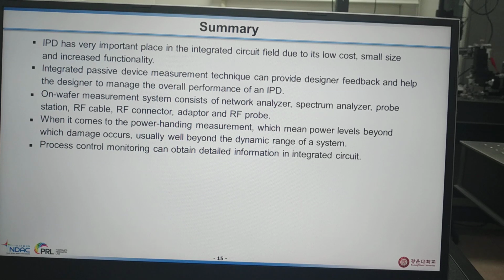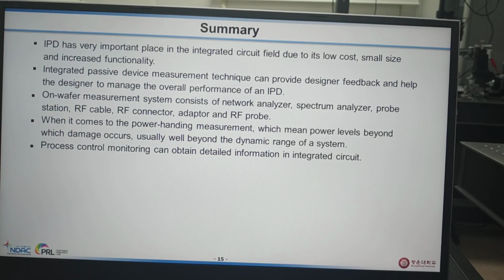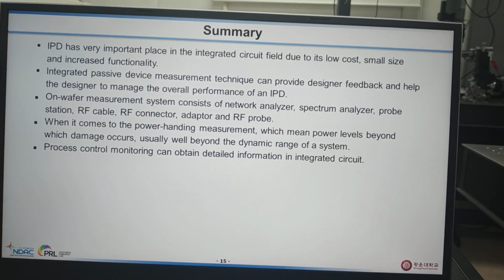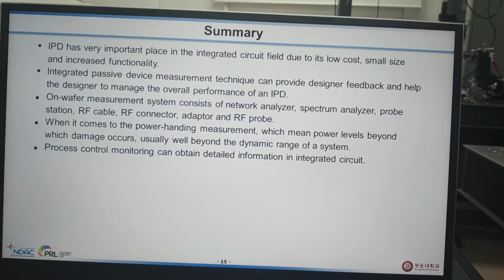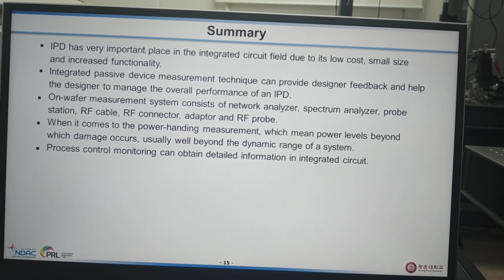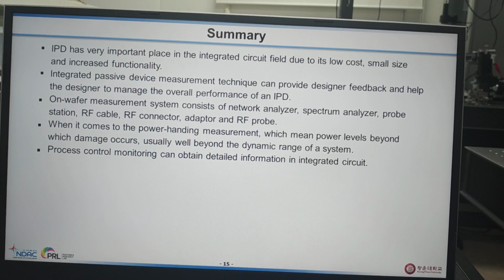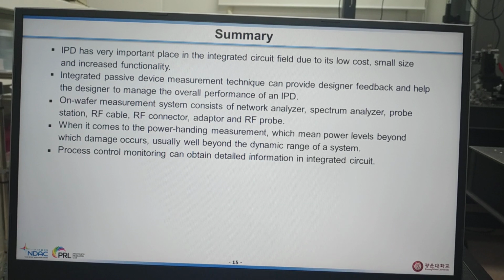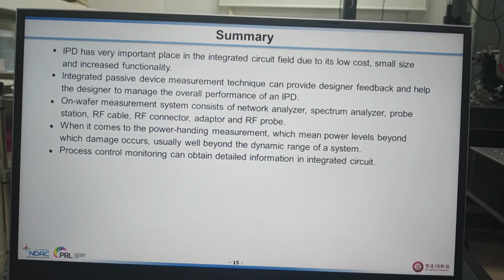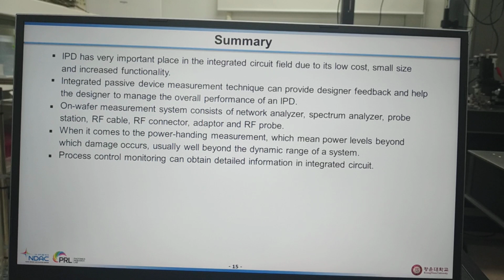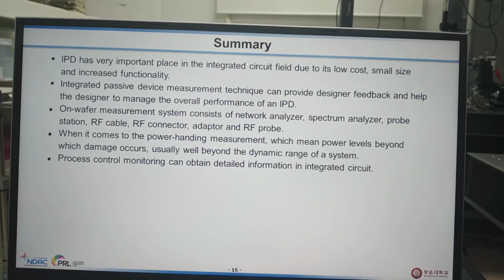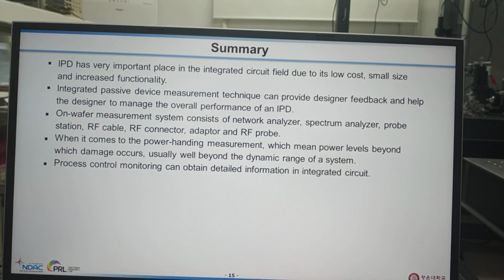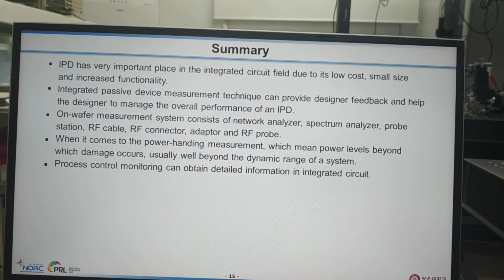The second one, the IPD measurement technique can provide designer feedback and help them to manage the overall performance of an IPD. The on-wafer measurement system consists of many different components. For example, the network analyzer, spectrum analyzer, and RF prober.